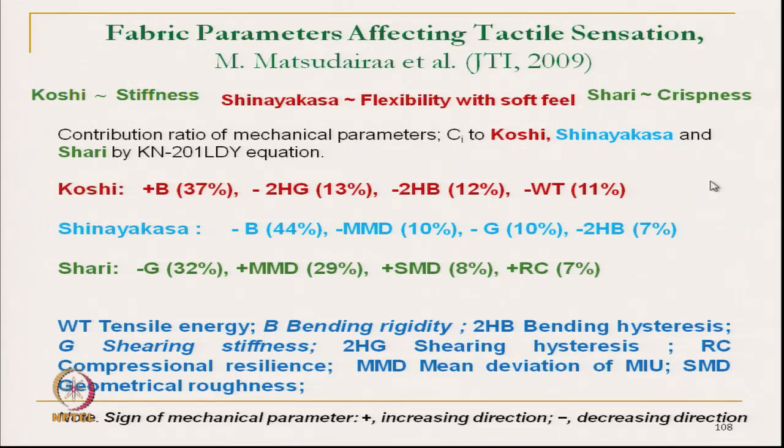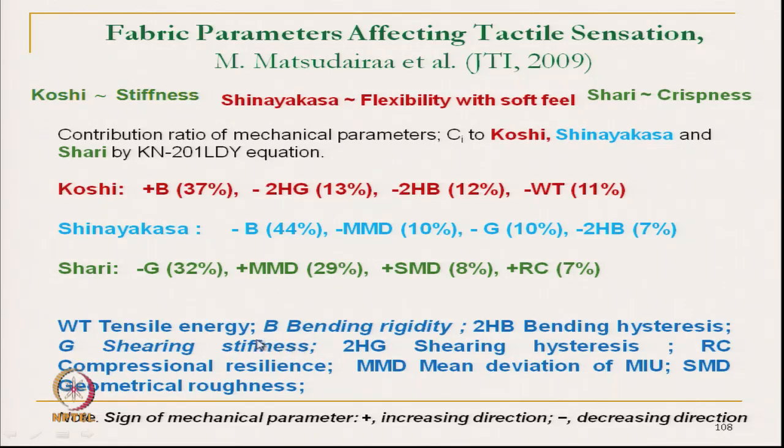For Kochi, in the last class we discussed that it is not exactly stiffness, it is related to stiffness, and its maximum contribution is 37%, in the positive direction.